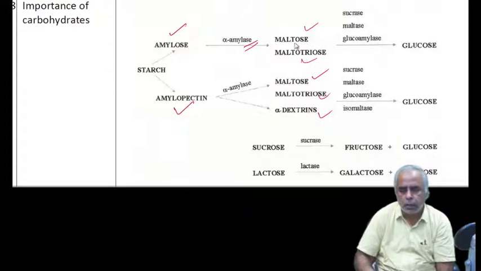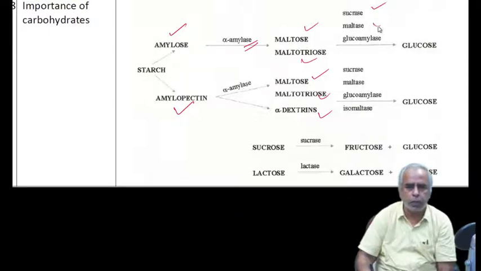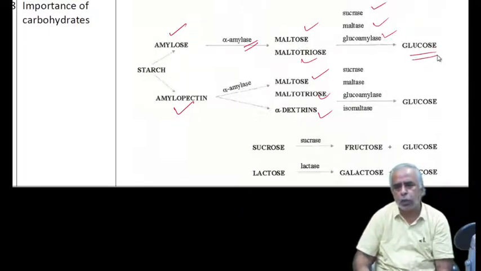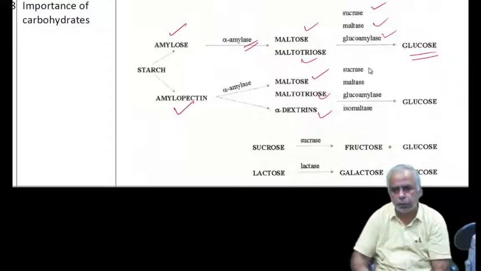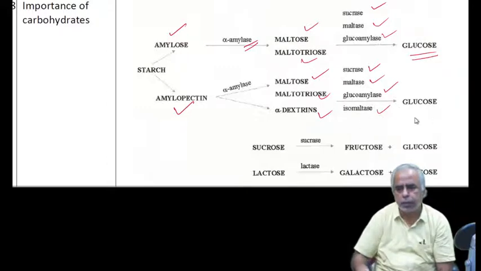And these saccharides in turn on hydrolysis in presence of sucrase, maltase, glycoamylase, we are able to get glucose. Whereas in the case of maltose, maltotriose, alpha dextrin, by using sucrase, maltase, then glucoamylase or isomaltase, these are all the isomers, we are able to get glucose.